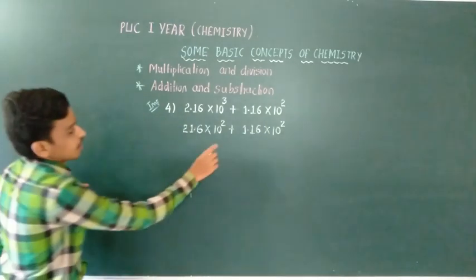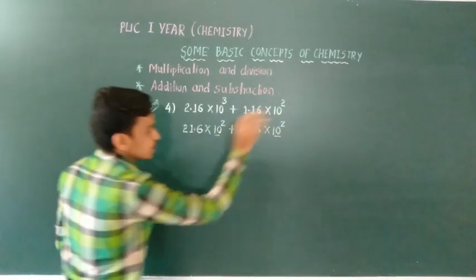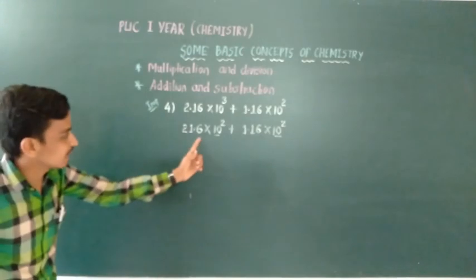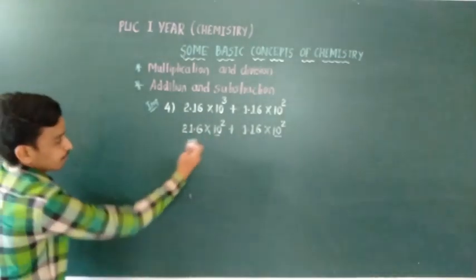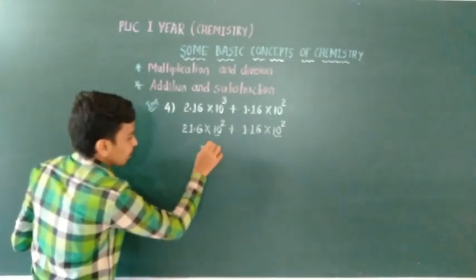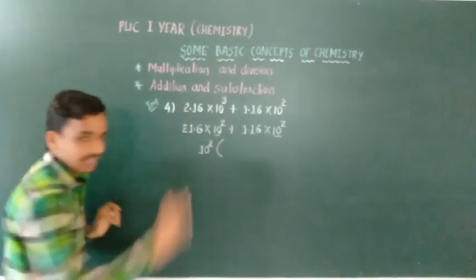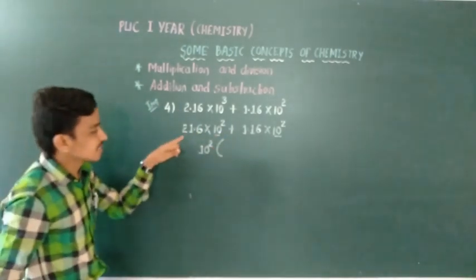Now observe, 10 raised to 2 and 10 raised to 2, both are common here. We are making the common factor here, that is 10 to the power of 2, or 10 squared. After this, what is remaining here?